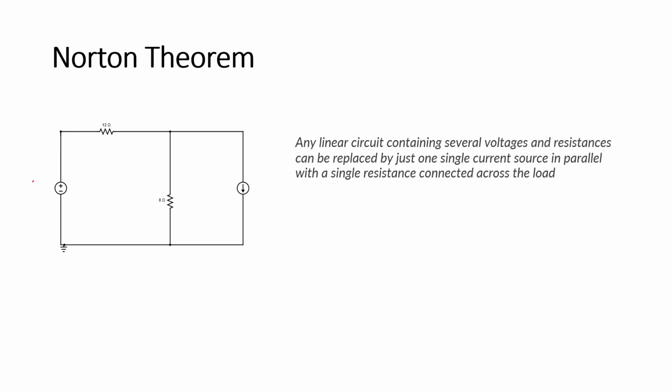So here we have, let's say, 12 volts and here we have 8 amperes. So this 12 volt and 12 ohms can be represented by source transformation as, let's say, 1 ampere in parallel with the 12 ohm resistance.